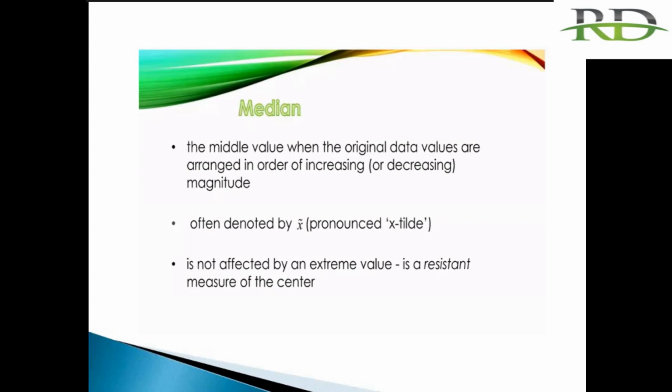Otherwise, the geometric mean is applied. Per unit, like speed per hour. That is why to get average speed, we use the harmonic mean. Wages per day, work per hour. In this situation, we will use the harmonic mean.